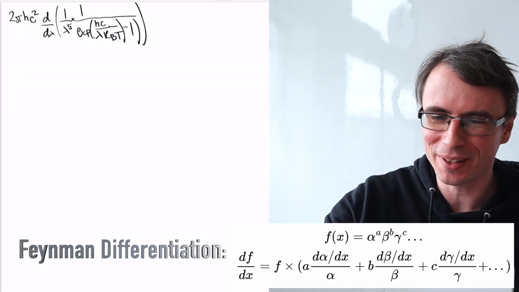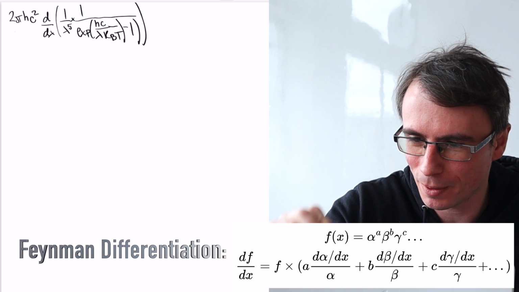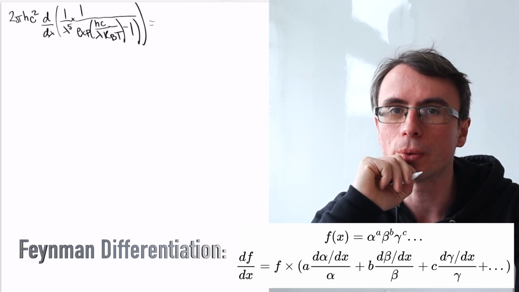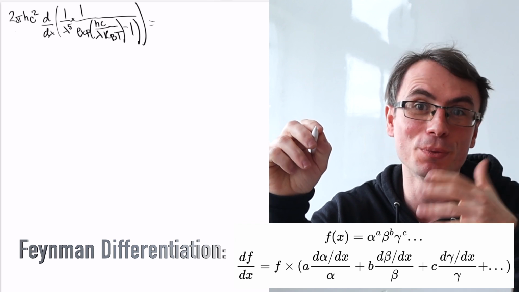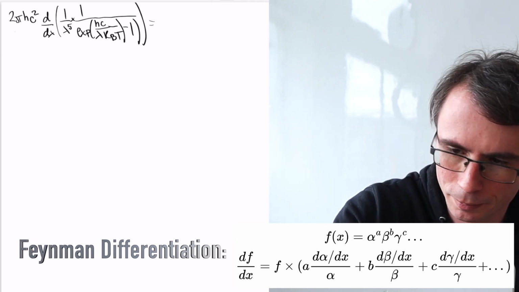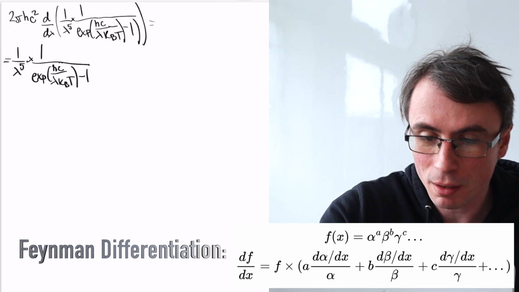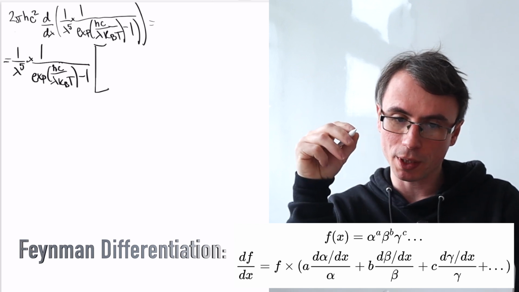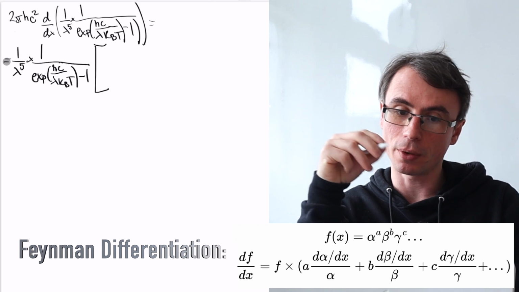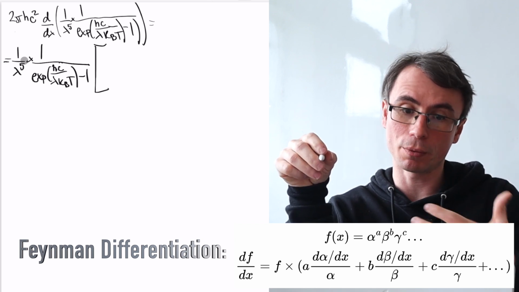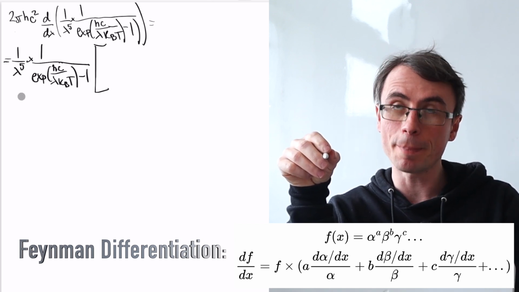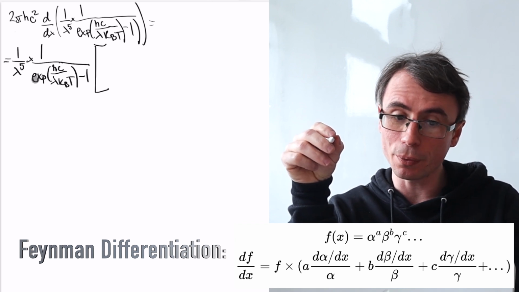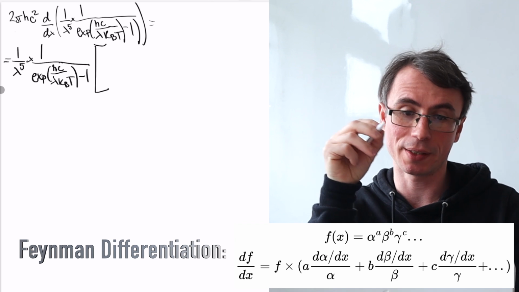I absolutely love this method because it saves me quite a lot of time in situations like this. The first thing that we want to do is quite simple. We just need to rewrite the expression. Then we're gonna open up some big brackets, and then for each term that contains the variable that we are differentiating with respect to, in this case lambda, we are going to have a separate term, and we're going to start this with the power of this actual term.